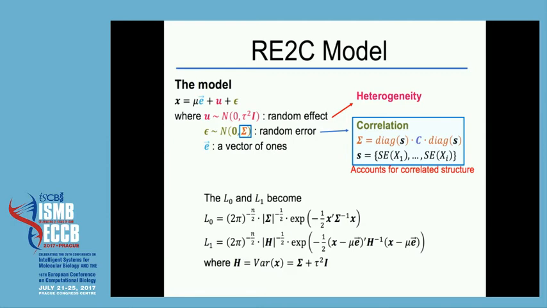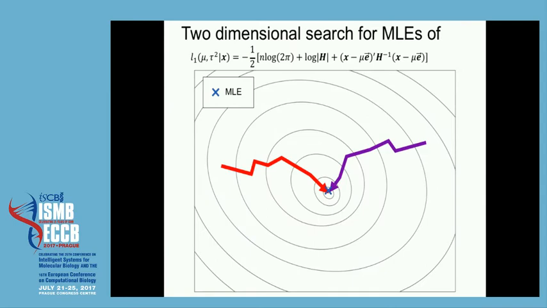To test our model with the log likelihood ratio test framework, we have to find the statistics, and in this situation, we must find the maximum likelihood estimator for the unknown parameters in the likelihood function, which are the mean effect mu and the tau square, which is the heterogeneity. So our proposed model has a log likelihood function with two unknown parameters.